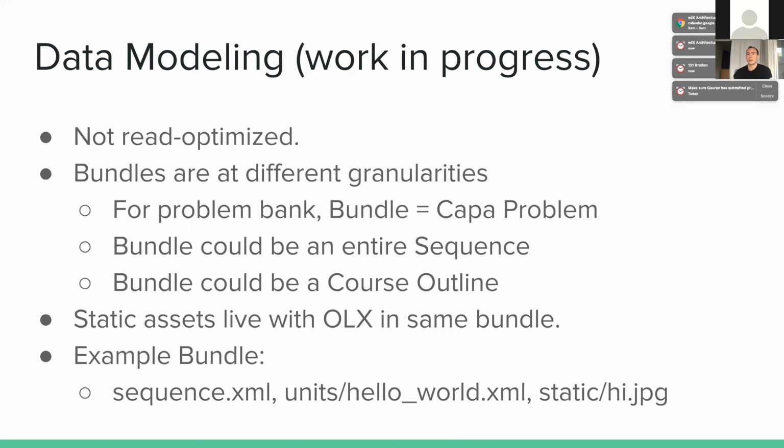But we probably will just allow arbitrary folder structures for static assets. So if you want to group them into whatever folders and tree structure you want, you'll be able to do that. We're still figuring that out, but I don't see why we wouldn't support some level of organization of assets.